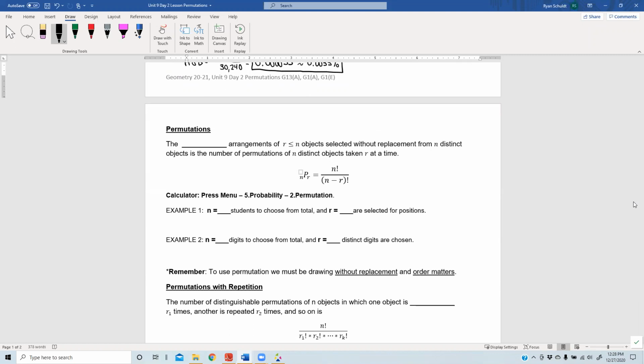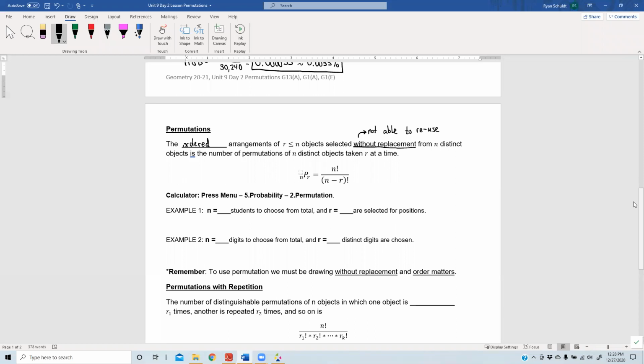So the ordered arrangements of R, which is less than or equal to N objects selected without replacement, meaning we're not able to reuse it, from N distinct objects is the number of permutations of distinct objects taken R at a time.